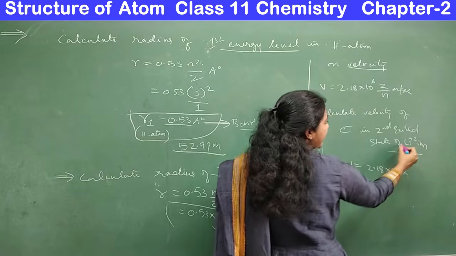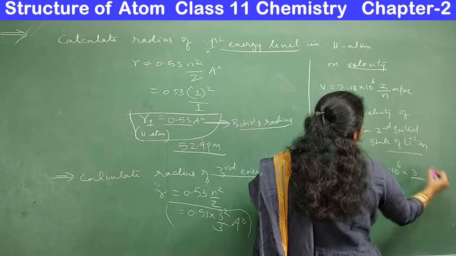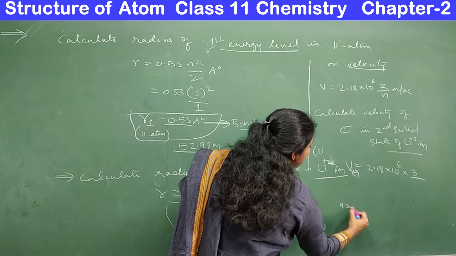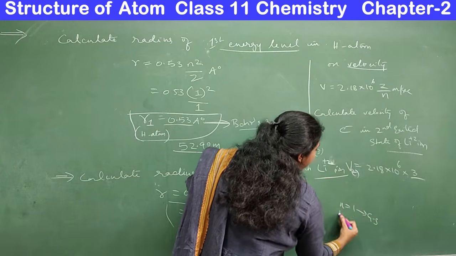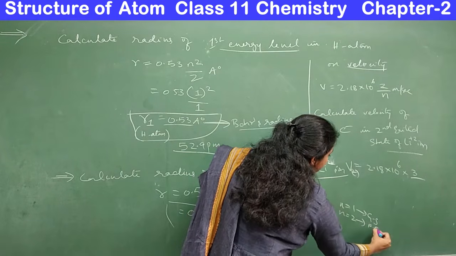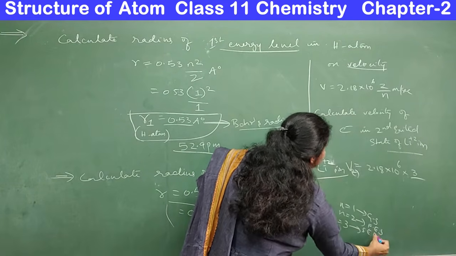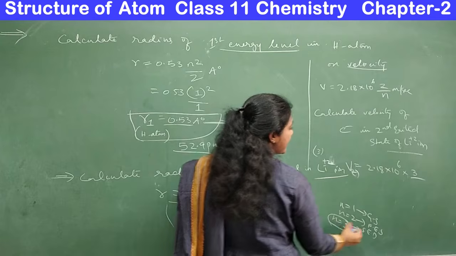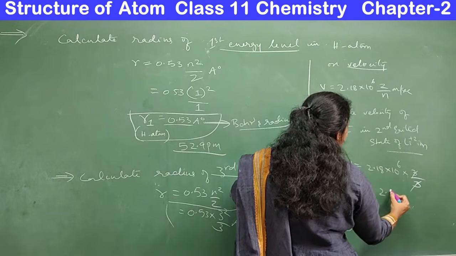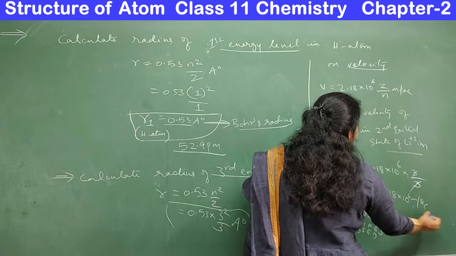Z value for lithium, atomic number, Z means atomic number, that is for lithium it is 3, divided by n, second excited state. n is equal to 1 is called the ground state. n is equal to 2 is called the first excited state, right? n is equal to 3 is called the second excited state. So second excited state means n is equal to 3. So 3 by 3, this gets cancelled. So your answer is 2.18 into 10 power 6 meter per second, right?